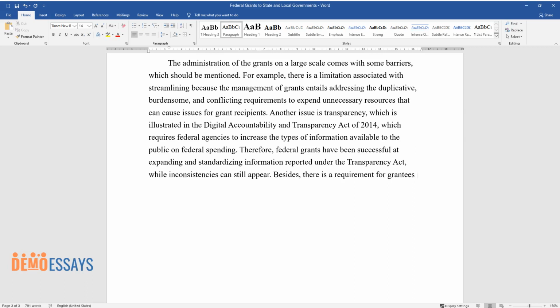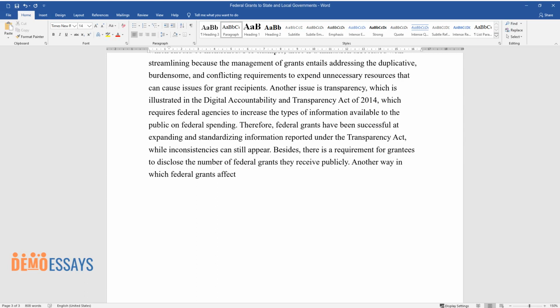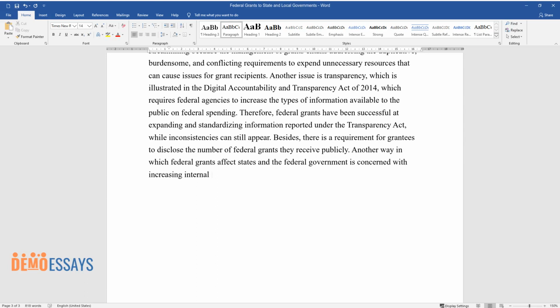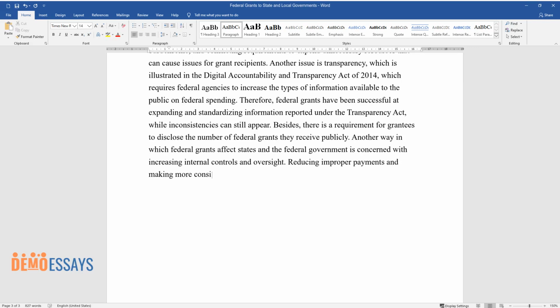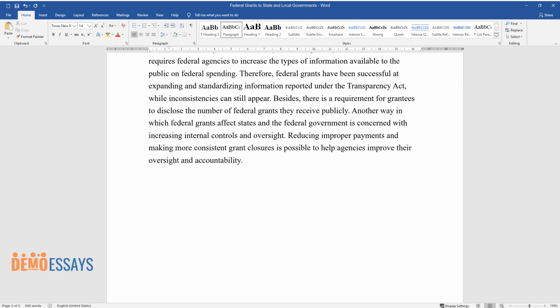Besides, there is a requirement for grantees to disclose the number of federal grants they receive publicly. Another way in which federal grants affect states and the federal government is concerned with increasing internal controls and oversight. Reducing improper payments and making more consistent grant closures is possible to help agencies improve their oversight and accountability.